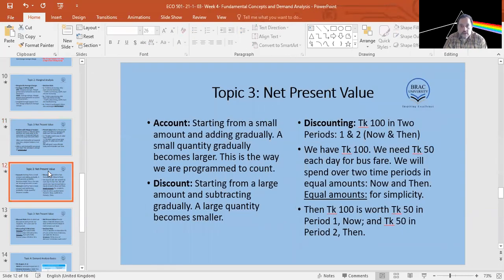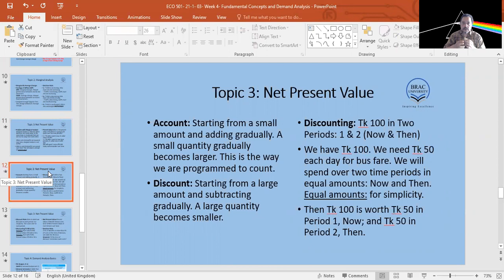Now, when we use the word count, we are biologically programmed to count from a small value and slowly add something. In accounting science or in money science, this is known as accounting. Accounting means we are adding towards the count. We can do the reverse thing as well.